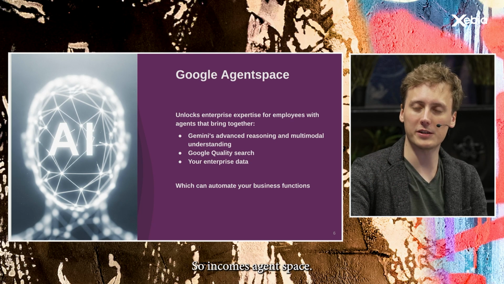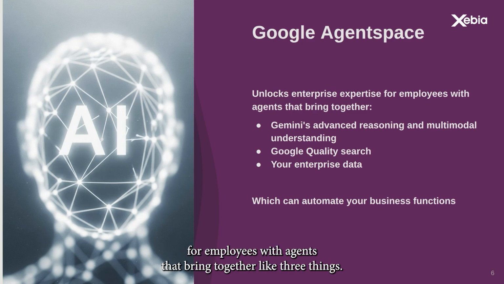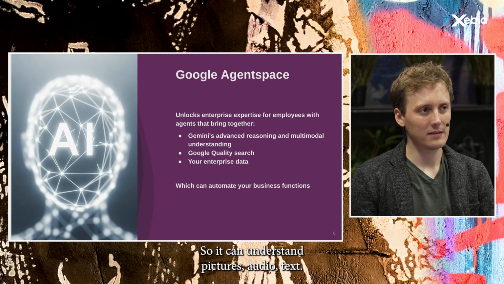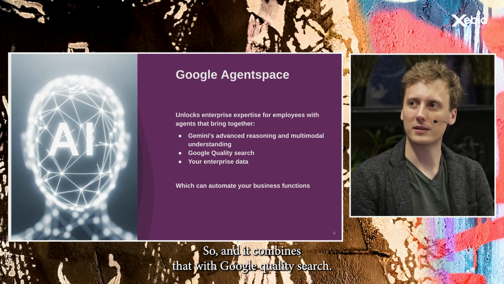So in comes AgentSpace. What it boils down to is unlocking enterprise expertise for employees with agents that bring together 3 things. One of them is Gemini and Gemini's advanced reasoning, as it's current with the newest models as well. Multimodal understanding, right? So it can understand pictures, audio, text, and so on.